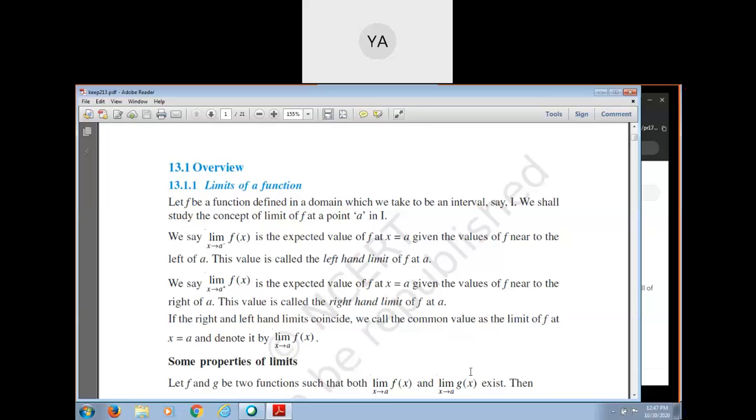I repeat again, see that limit x tends to a minus f of x, this indicates what?